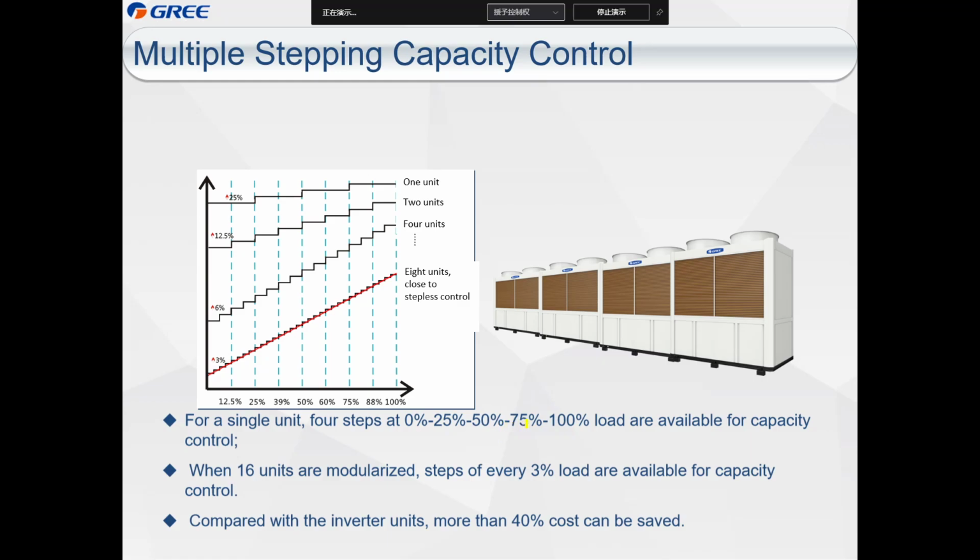Actually, at the beginning, we have already introduced this. For part load, the minimum for a single module is 25%.